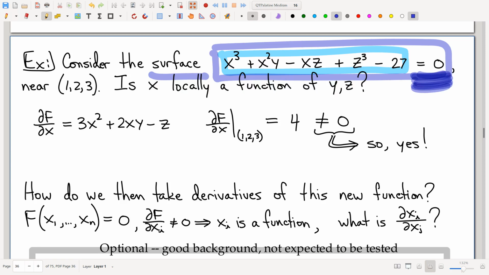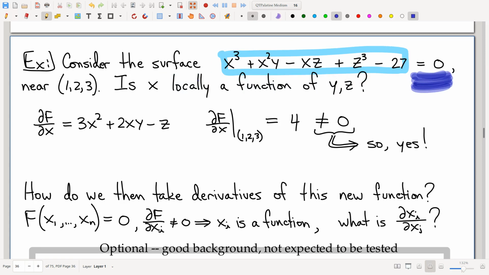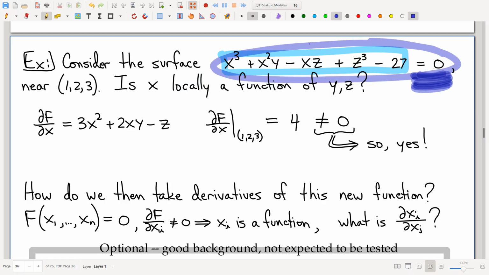All right, and then with that noted, I asked the question, can I view, by way of this equation, x as being a function of y and z? All right, that's really not obvious. You can't just look at the picture and see it because I have no idea what that surface looks like, right? So it's a hard question, at least if you come at it from first principles.